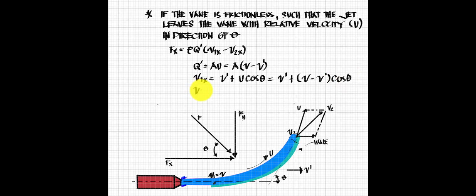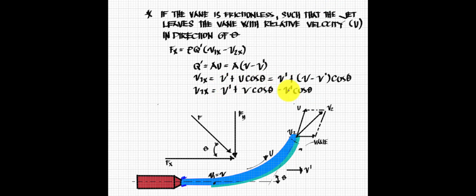Then rewriting again our equation, we distribute the values, that will be velocity prime, multiply here inside, then we have v cosine of theta, or the velocity of the jet entering, then minus velocity of the vane times cosine of theta.